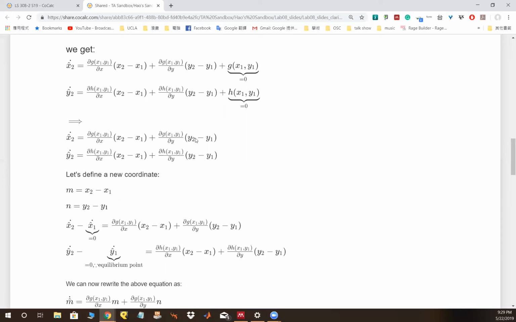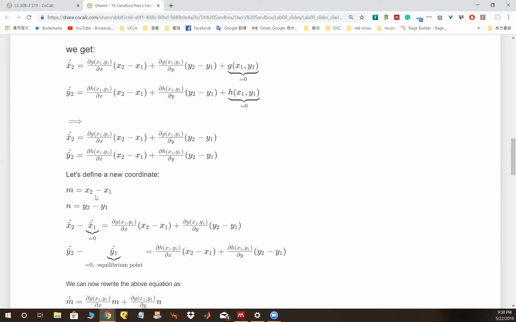So x1 and y1 are just fixed values, which means the partial derivative at x1, y1 is also just a constant fixed value. So now m equals x2 subtract x1, and n equals y2 subtract y1, where x1, y1 are just constants.